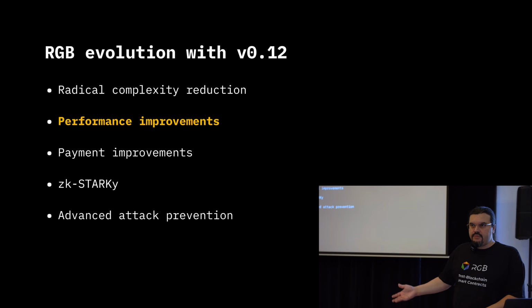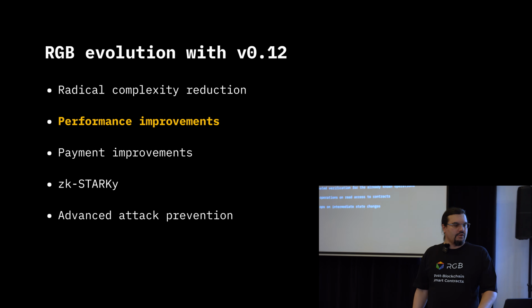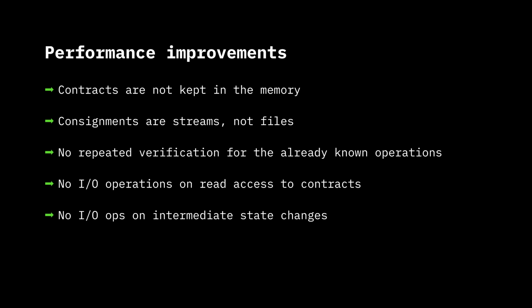Other than complexity reduction for the code base, we did a lot of performance improvements, such that RGB can actually operate in high-load environments where you don't need to read all the data into memory. The RGB standard library and consensus can be run on hardware devices like wallets, so they can do the verification themselves.